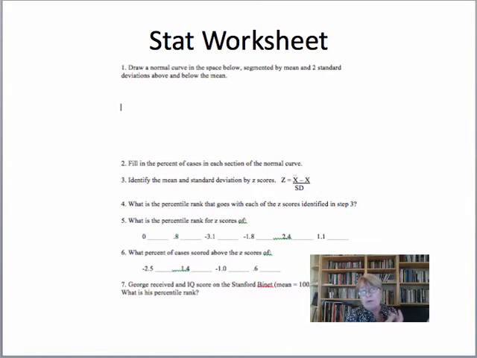Now, the simpler way to do it without doing the subtraction, although it might sound complicated at first, is to remember that the bell-shaped curve is symmetrical. So it's the same on each side. So I can turn it around in a way. I'm not going to look at negative 2.5, I'm going to look at a positive 2.5.